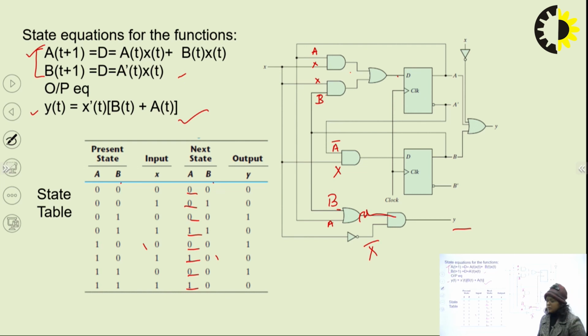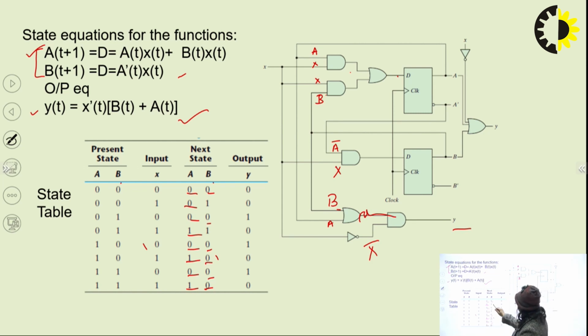Similarly, for B, the output is A bar into X. When X is 0, output is 0. So, 0, 0, 0 and 0. When A is 1, then also output is 0. So, this is 0, this is 0.